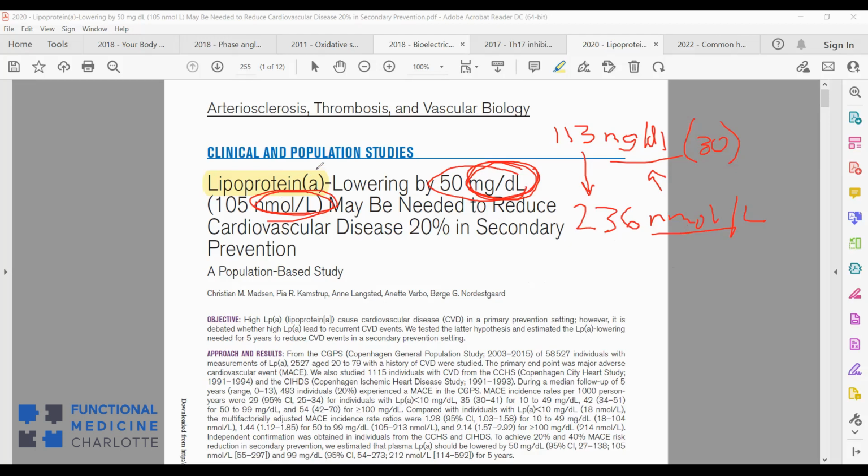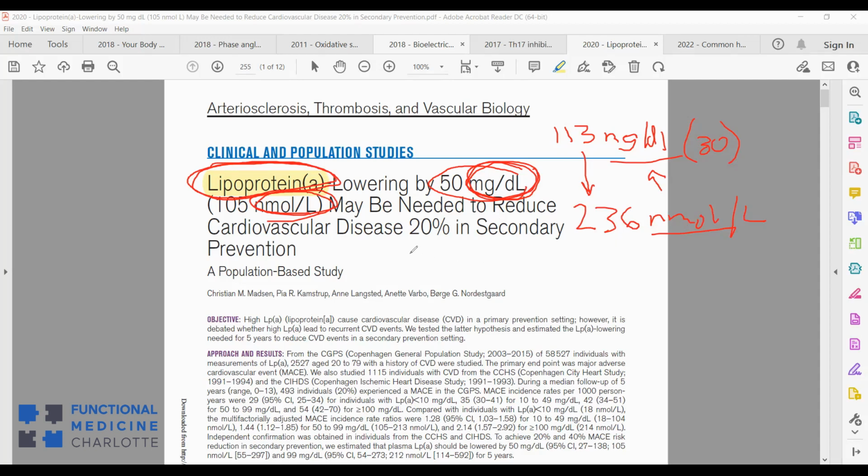Specific to lipoprotein A, the conversion is different than if you're measuring a different marker, so it's not always the same math with different markers. You want to make sure you're doing the right conversion for the right marker.